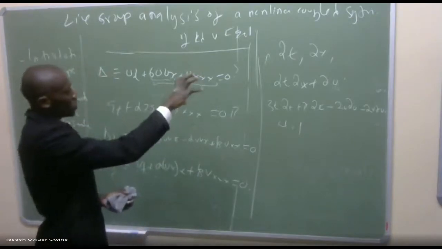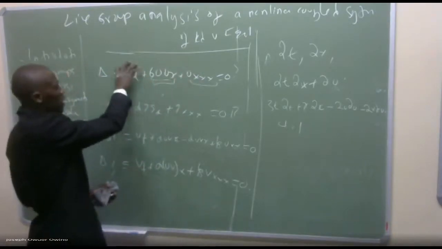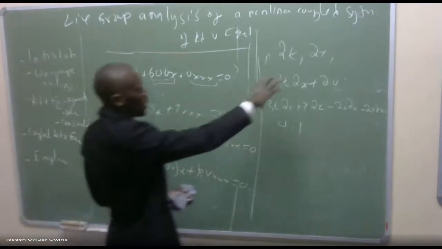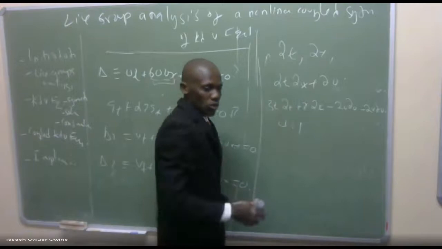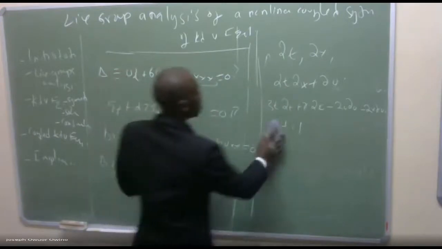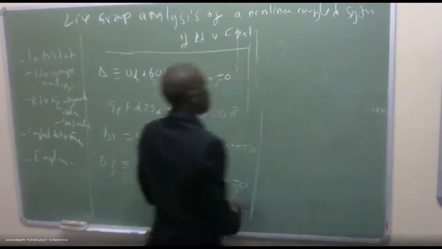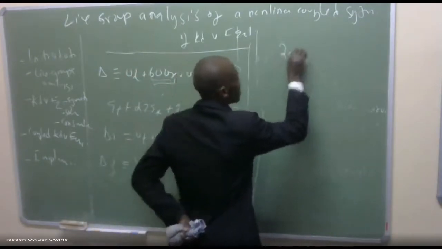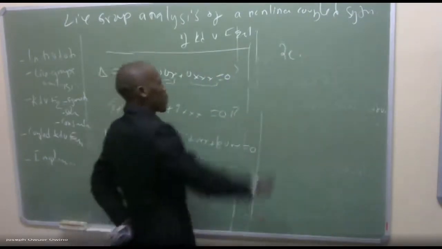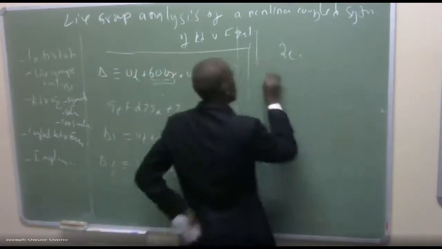We can also use the same way we did for the single KdV equation. We can also use these symmetries to find exact solutions. This is very important because with these symmetries, for example, if I pick the time translation symmetry, then I will get a Lie group.